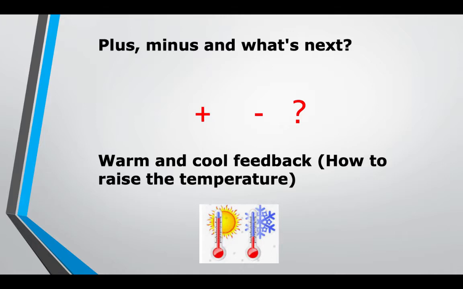Warm and cool feedback, again, quick and easy. A very positive comment, a comment of where they need to be stronger, and then ask them to say where their work or their peers' work needs to go next to make their presentation a little warmer, a little stronger.